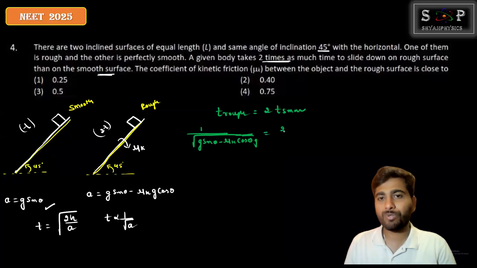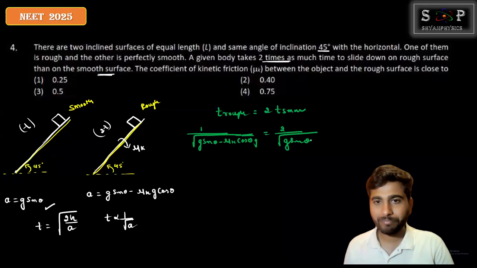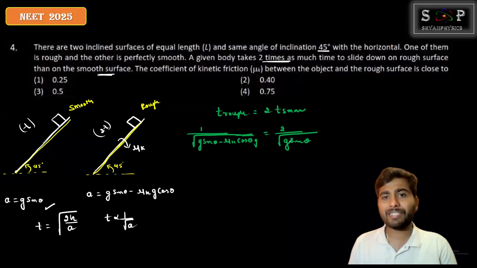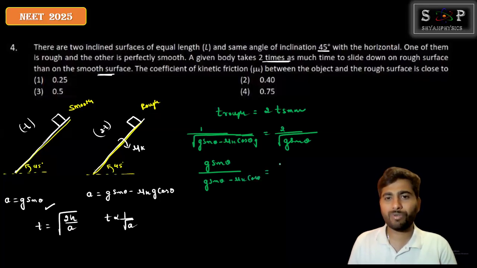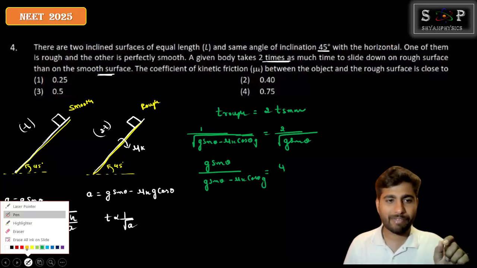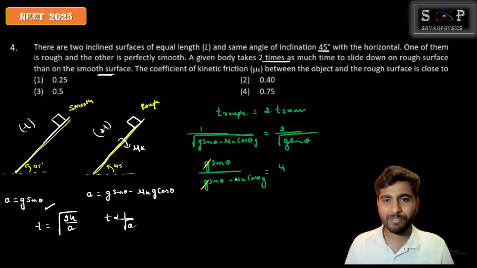And then it equals 2 divided by under root of g sin theta. Squaring on both sides, the root will cancel. Then taking g sin theta, it will become g sin theta divided by g sin theta minus mu k cos theta is equal to 4. Taking g common from every term, we can cancel it.